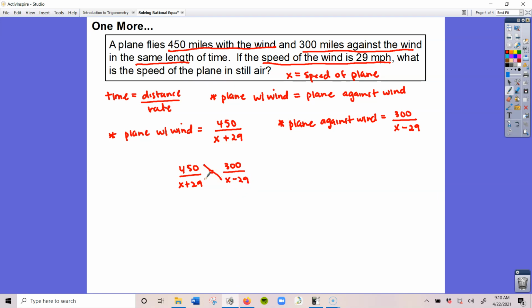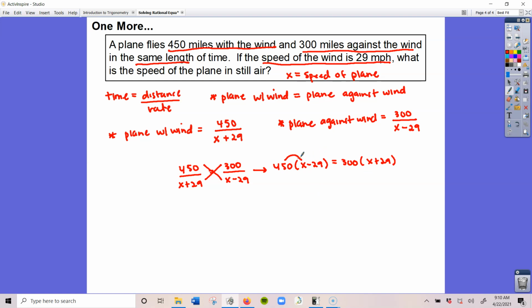Now we cross multiply. Since here there is no addition or subtraction, we don't need to use the LCD. So this is going to give me 450 times x minus 29. And that's going to equal 300 times x plus 29.